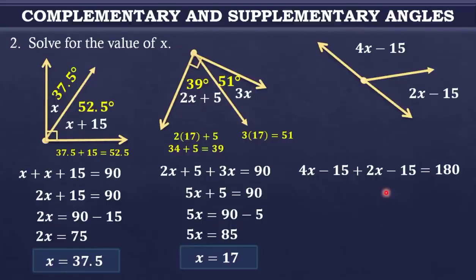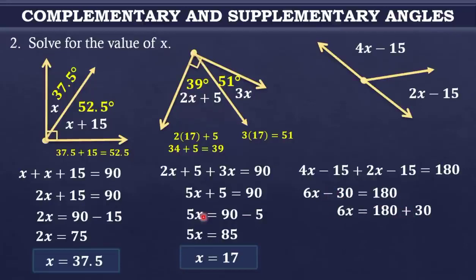Okay? So, 4x minus 15 plus 2x minus 15 is equal to 180. So, dito po, we have combined similar terms, 4x plus 2x, that is 6x. Negative 15 minus 15, that is negative 30, is equal to 180. Now, transpose natin. So, we have 6x is equal to 180 plus 30.